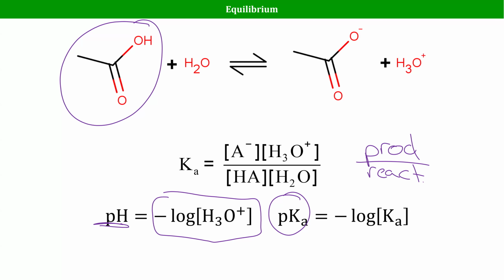So if you're making more product, what happens to this ratio? You have less reactants left. The top half of this ratio gets bigger and the bottom half gets smaller. All of that to say, the stronger the acid is, the bigger Ka is.